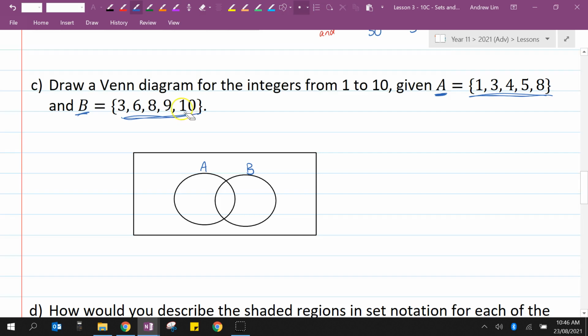So what we're going to do is look for how many numbers they have in common. So they both have a 3. They both have an 8. So they have 2 numbers in common. That means A has 3 other numbers.